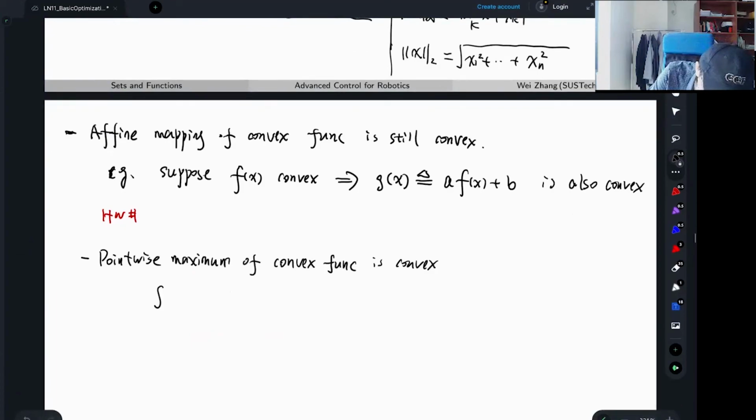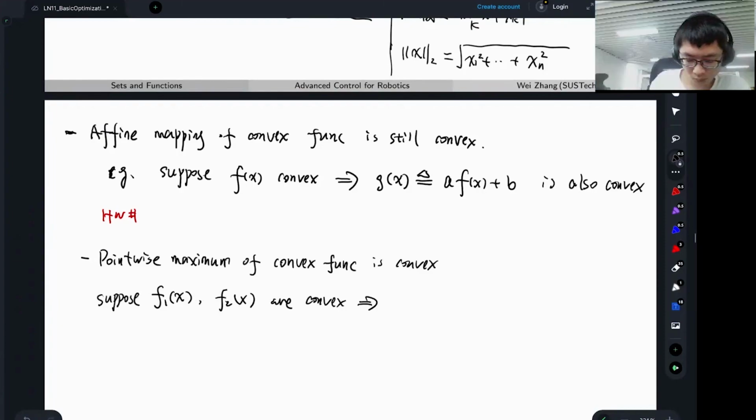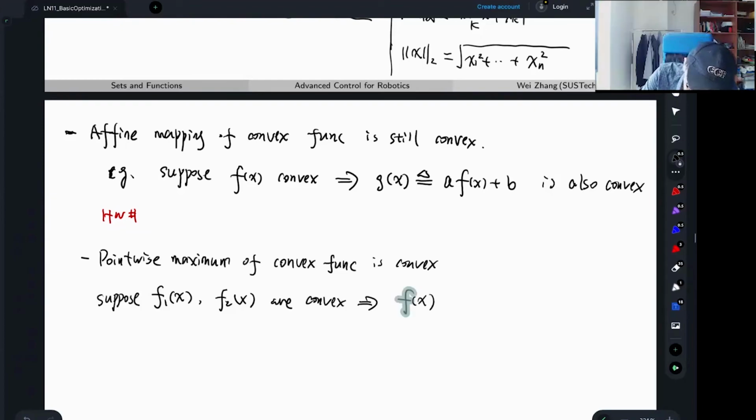What do I mean by that? Suppose I have two convex functions, f1 and f2, both of these are convex. Then I can define another function, let's call it g, as the pointwise maximum, the max of f1 of x and f2 of x.